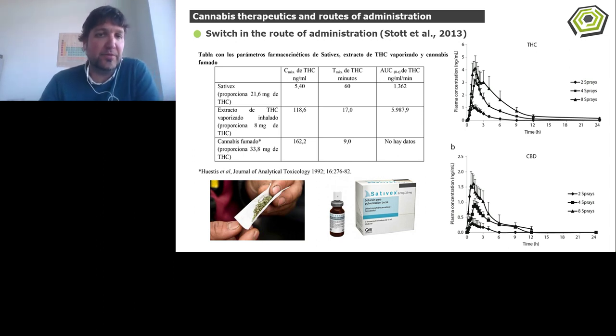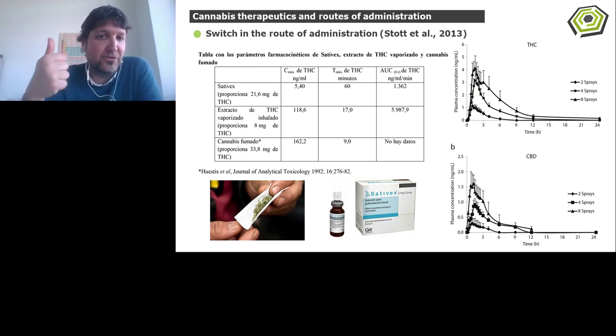Another example for changing the route of administration would be smoking versus a product like Sativex. You can hardly see the numbers, but basically when you smoke, we talk about those 9 minutes that THC will take to get into your blood. We have data from THC extract that has been vaporized with a Volcano, for example.